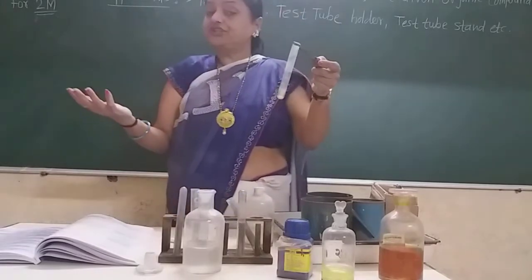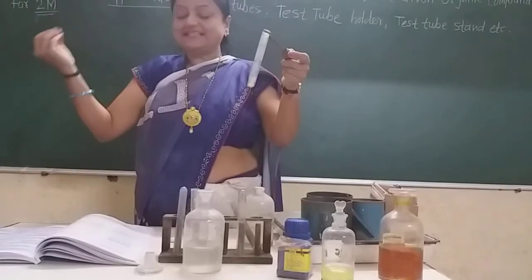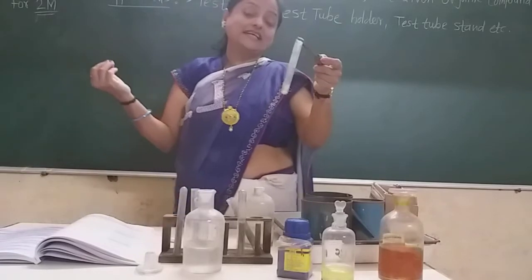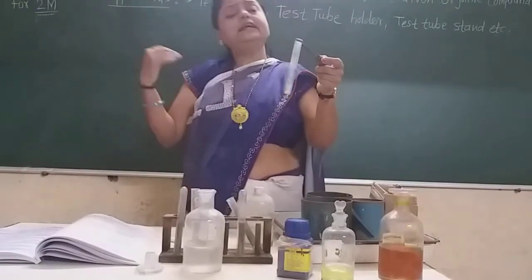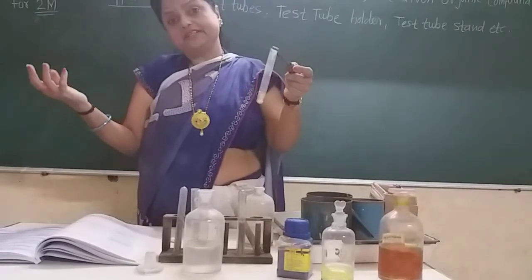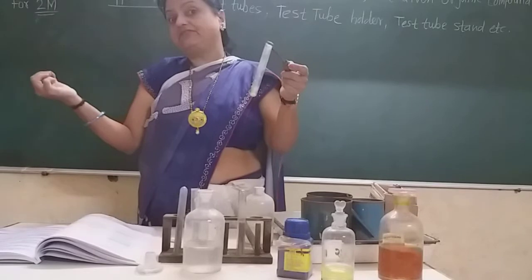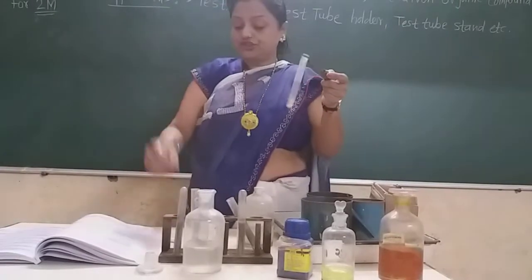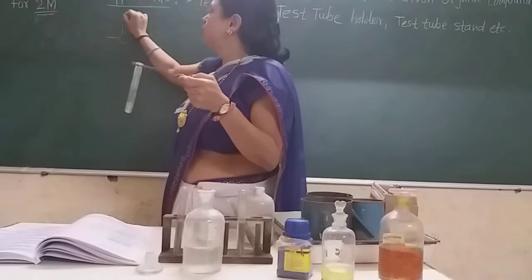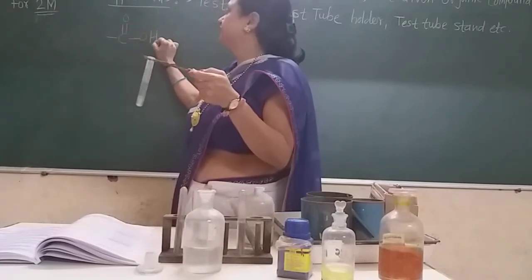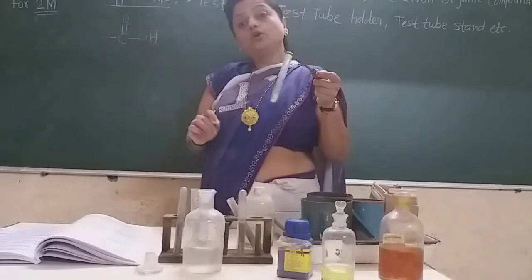In observation, you have to write there is strong or brisk effervescence of the gas, and in the inference you have to write that the carboxylic group is present in the given compound, that is the dash COOH group. You know the carboxylic group, dash COOH. Now this group is present. If you write correctly, then you definitely obtain the 2 marks.